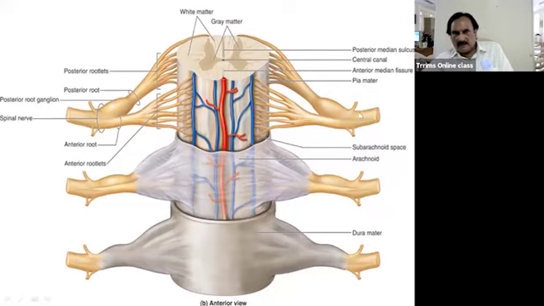You have the anterior nerve rootlets and the posterior nerve rootlets. They form a bundle, and then these bundles unite and form a spinal nerve. And in the posterior root, you have the posterior root ganglion. This word you must remember.